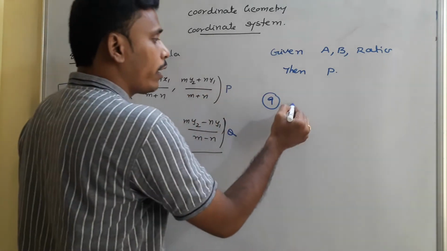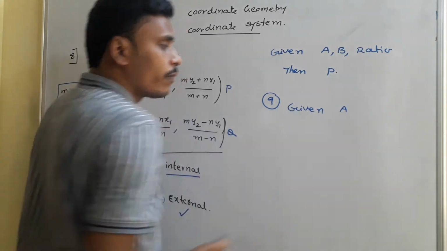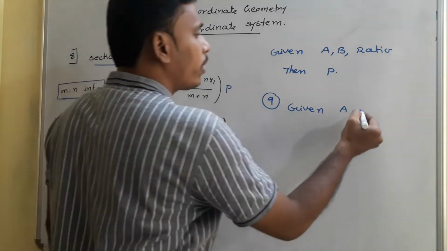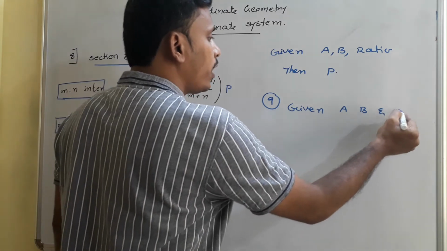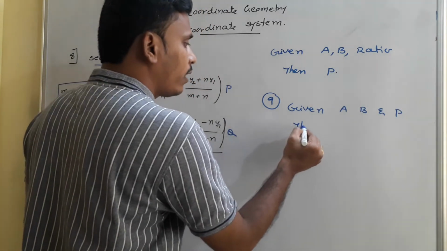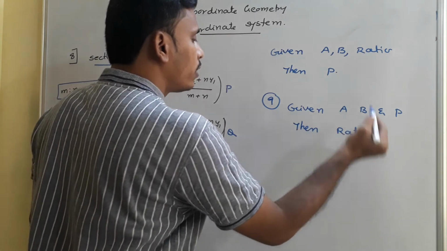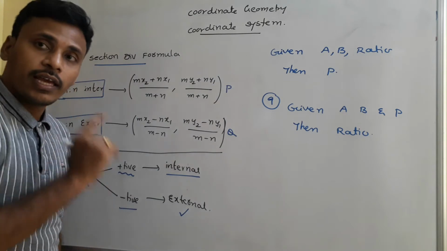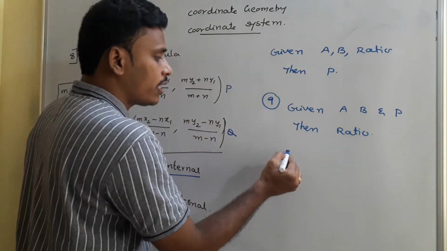Now what I am going to tell you is the 9th point. For this 9th point, the given values are A, the point (x1, y1), B, the other endpoint of the line segment (x2, y2), and P is also given on the line segment AB. Then we need to find the ratio. Just have a look.